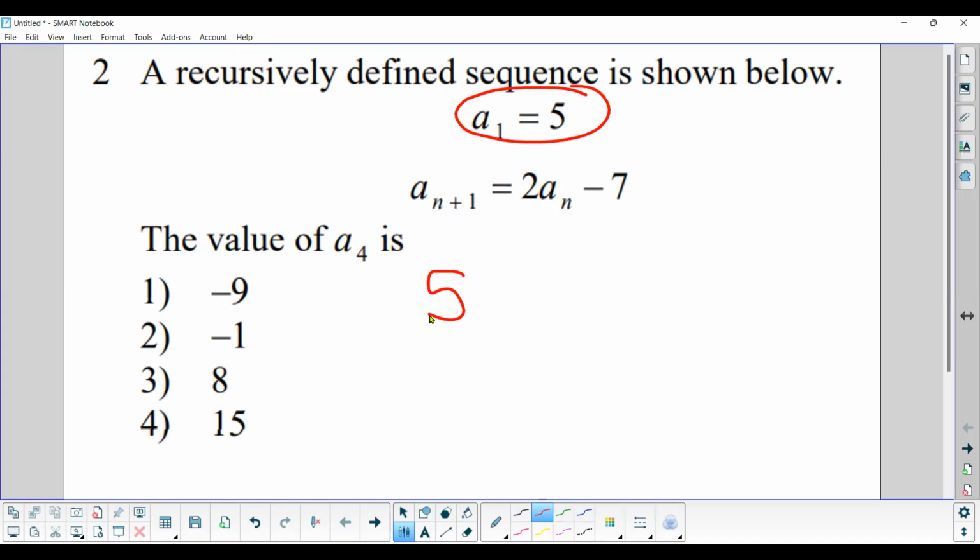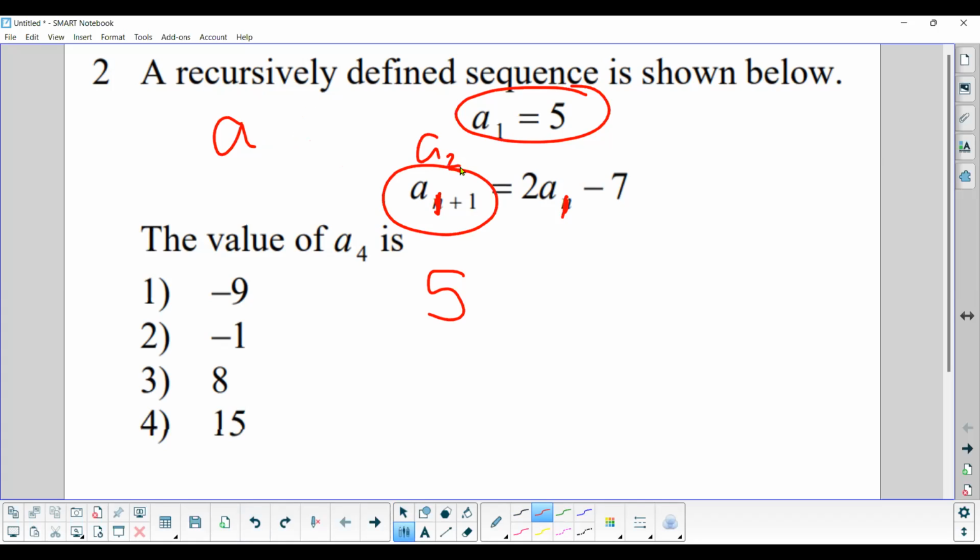If I want to find the second number in the sequence, if I change that n to 2, then, sorry, let me back up a second. If I have the first number in the sequence, by putting a 1 here, then 1 plus 1 would be a sub 2.